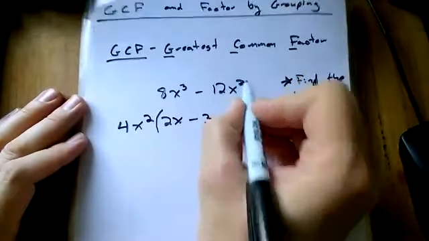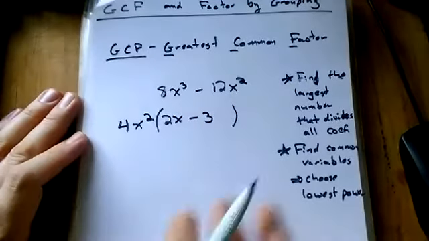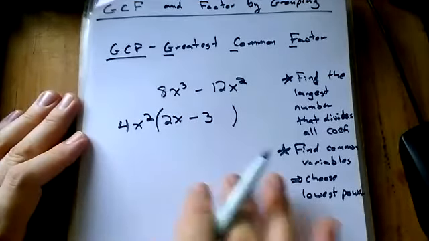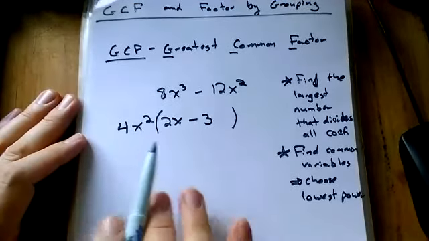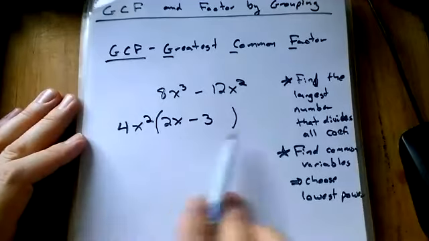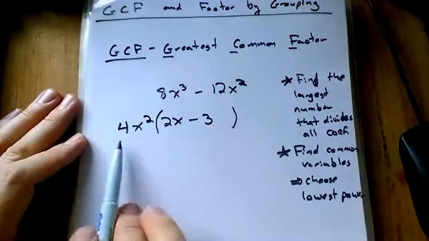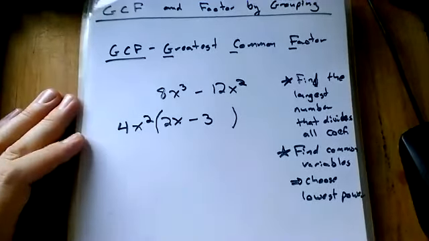That's a 2 there. So we're done. This is all it means to do greatest common factoring, to actually factor out that greatest common factor.